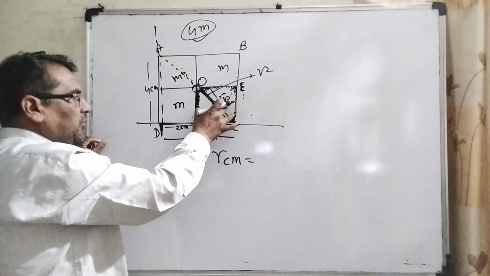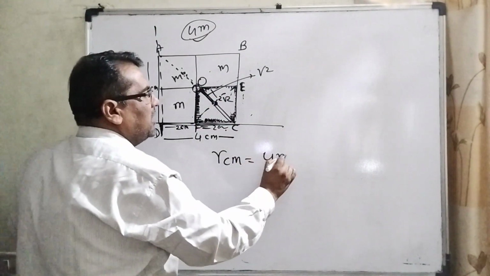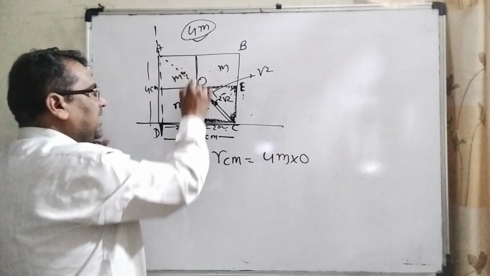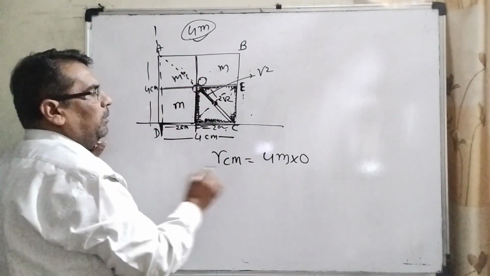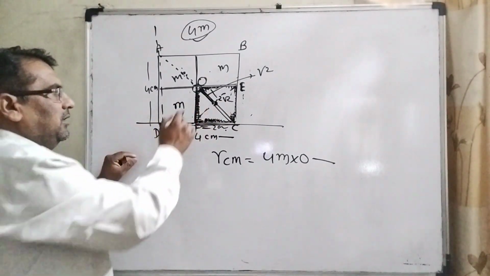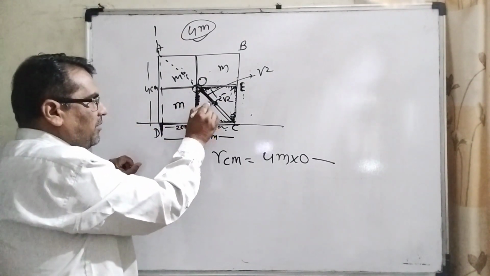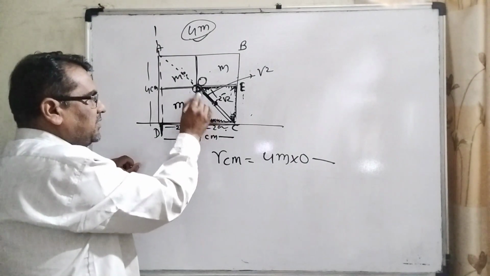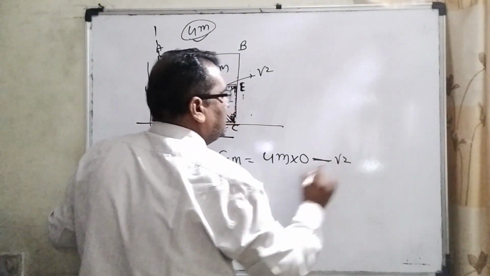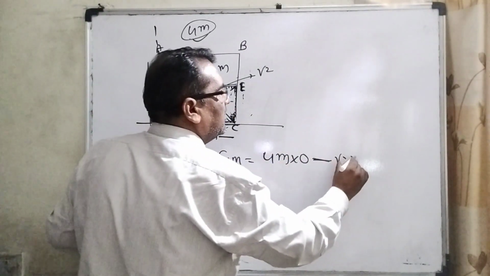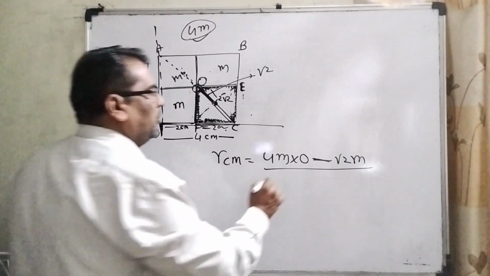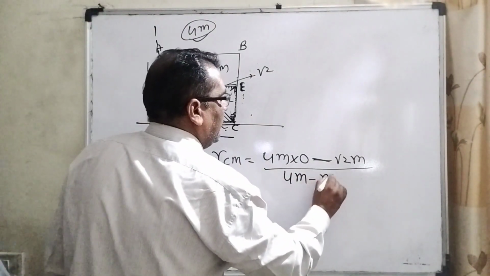Before cutting this fourth part, the total mass of the square is 4m, and the center of mass is exactly in the middle at O, and minus, we have to remove this part. Then the distance from the original center of mass O is root 2 from the axis, and the mass of this part is m, and the remaining mass is 4m minus m.